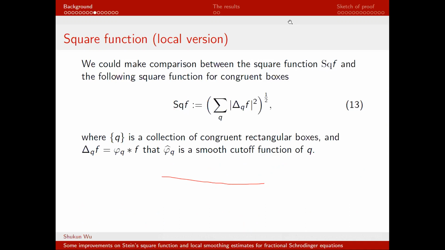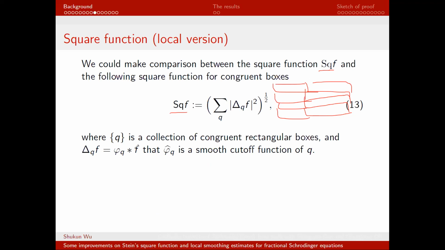Let us do a little comparison. We make a comparison between the Stein square function, or let's call it the discretized square function, and the following square function for congruent boxes. Here is another square function where Q is a collection of congruent rectangular boxes. Q looks like this, just like a tiling of R^n, and all of them are congruent.